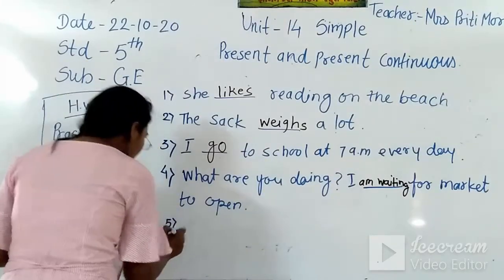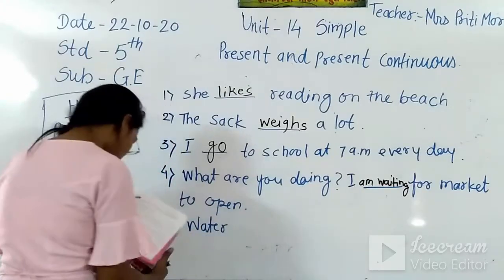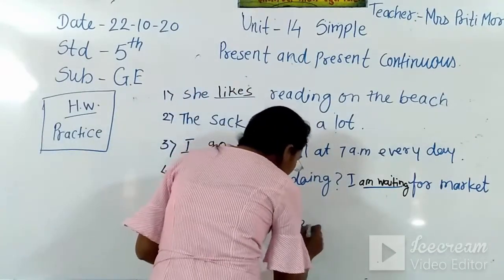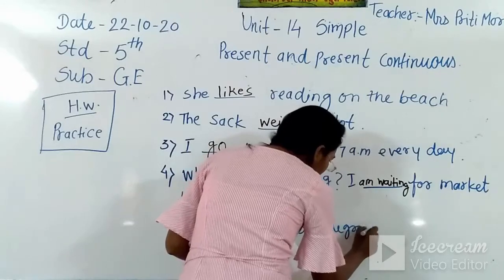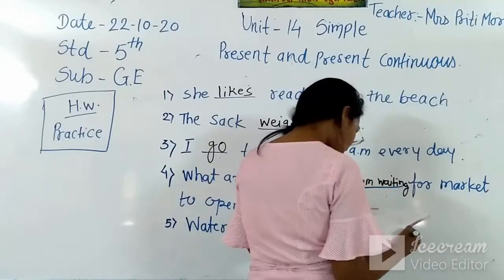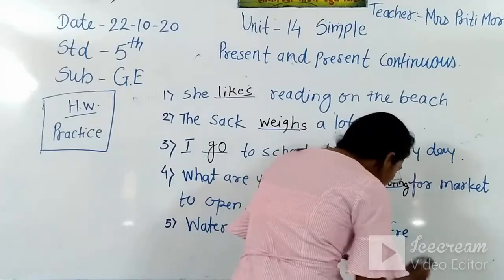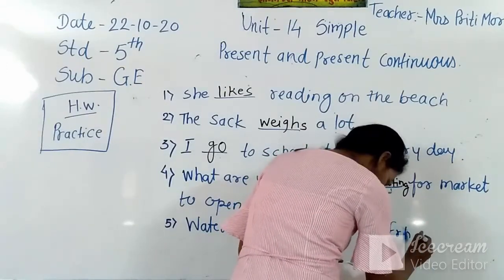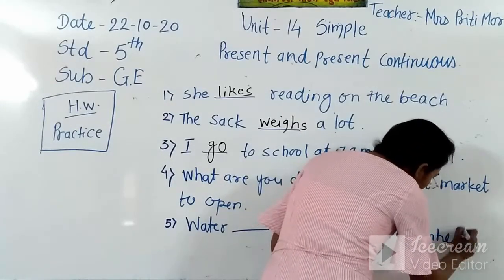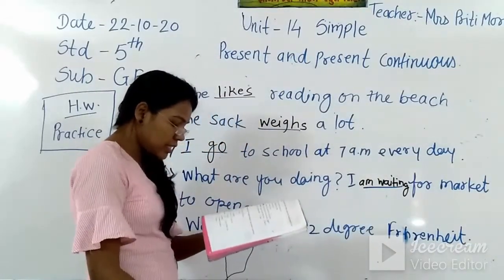Now the fifth one is, water blank space at 32 degree Fahrenheit. Now two options are there, freeze and is freezing.